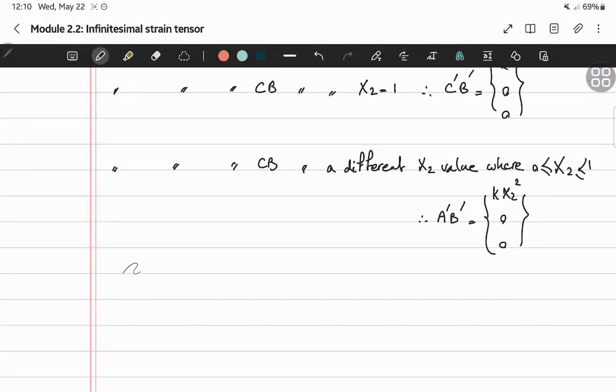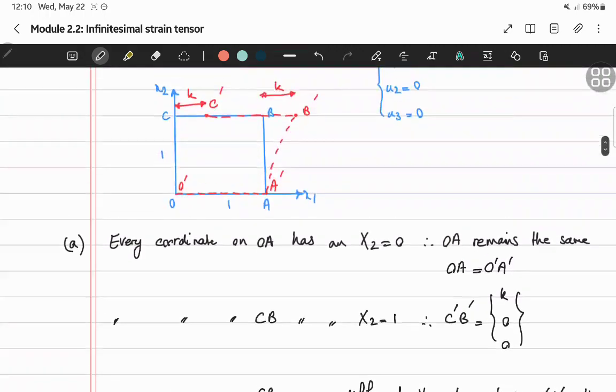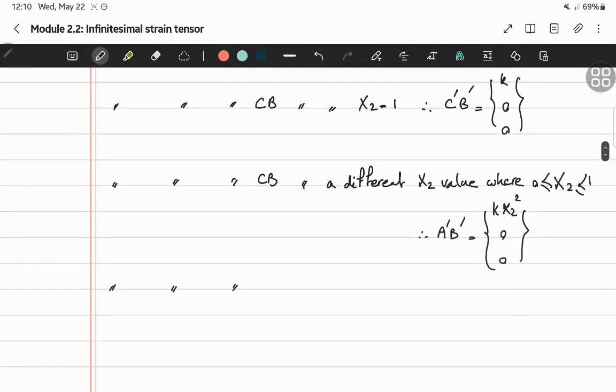And then again, every point on, let's say this is OC, it has a different value of x2. Let me just copy and paste this from here.